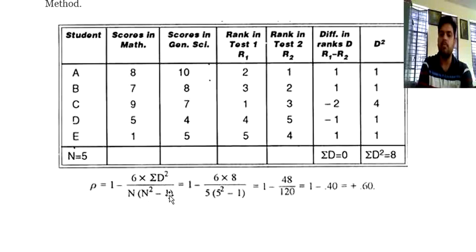The rest will be the same, even if we change all these values. Suppose there are 10 students, then n will be 10. Right now we have only 5 students, so the n value is 5, but if we have 10 students, we will just put 10 here.